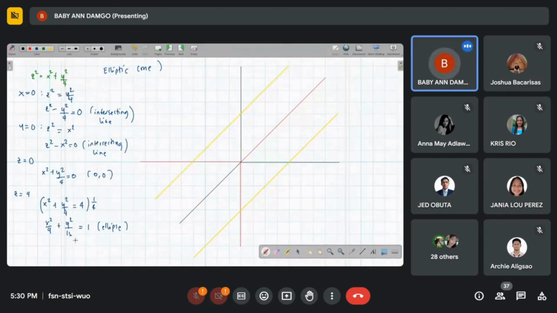So x squared, so this is an ellipse. So for x, we have 2. So there, here is the z equals 4. So 1, 2, then 1, 2. For z, it's 4. So 1, 2, 3, 4. And then 1, 2, 3, 4.